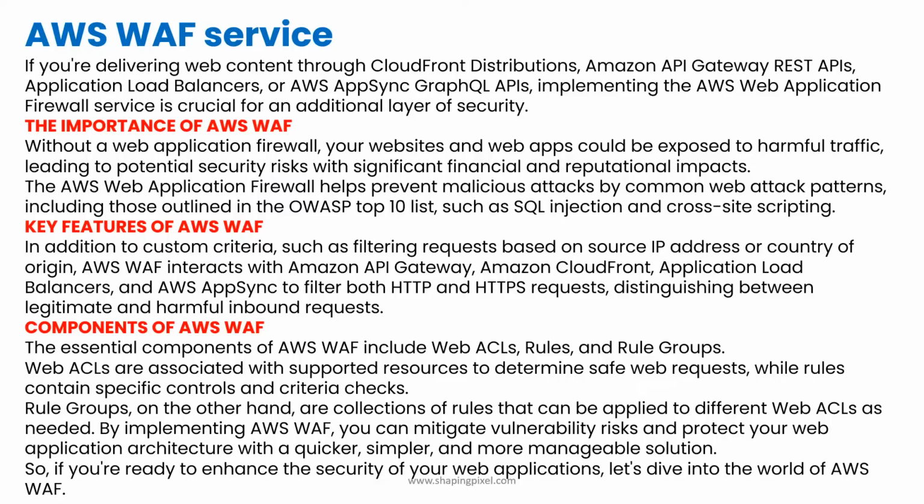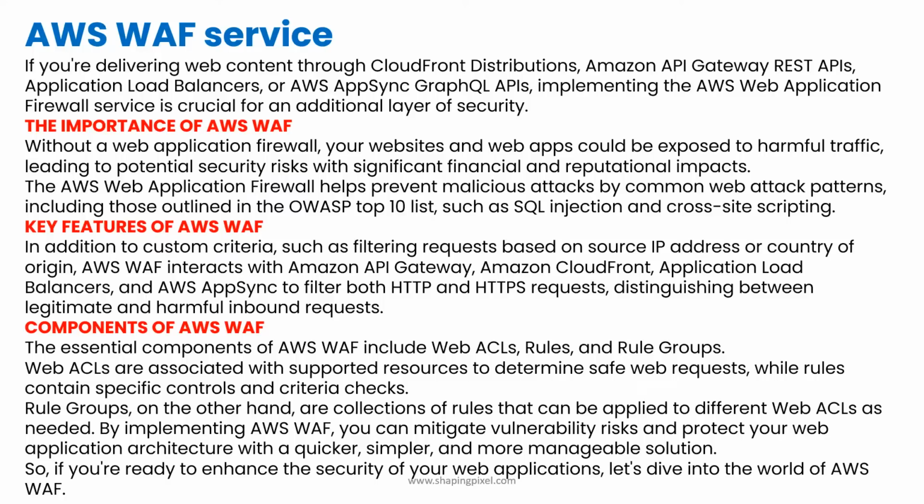The essential components of AWS WAF include Web ACLs, rules, and rule groups. Web ACLs are associated with supported resources to determine safe web requests, while rules contain specific controls and criteria checks. Rule groups, on the other hand, are a collection of rules that can be applied to different web ACLs as needed.